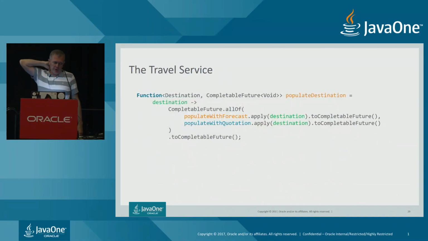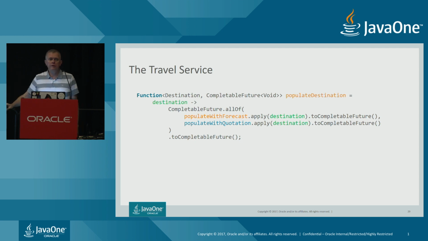So what does my travel service begin to look like? I can create this populate destination function that basically takes a destination and will set the different properties of this destination object using the result of the querying of the REST services.